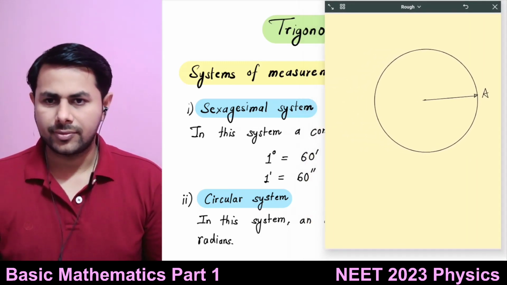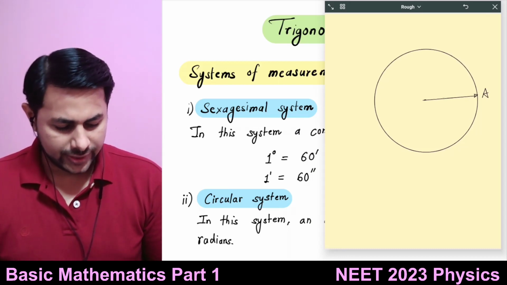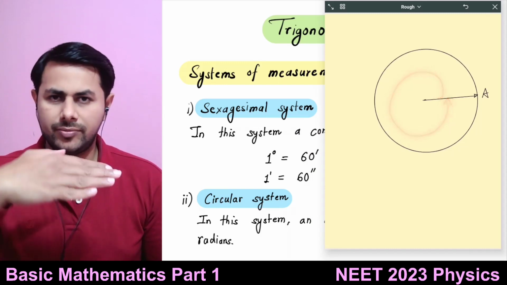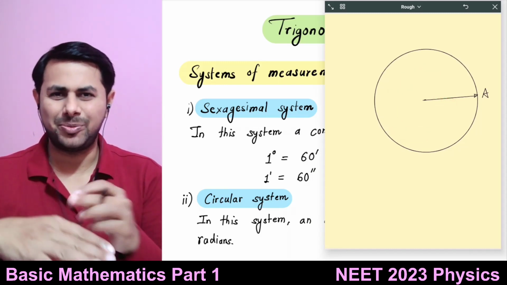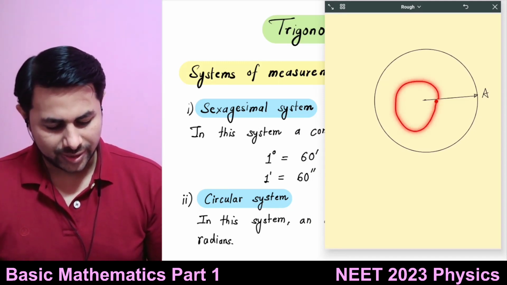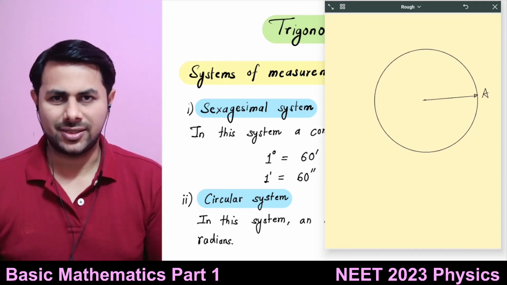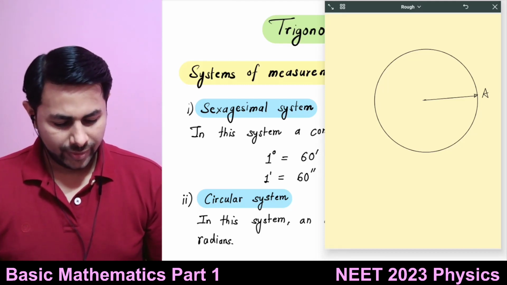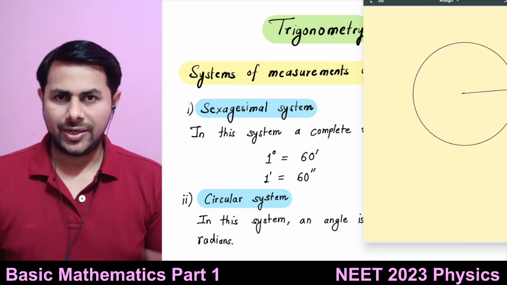Okay, so inside this circle, we rotate this radius from the initial position back to the initial position. So this much rotation over a complete circle is called 360 degrees. So this is how we define degrees.